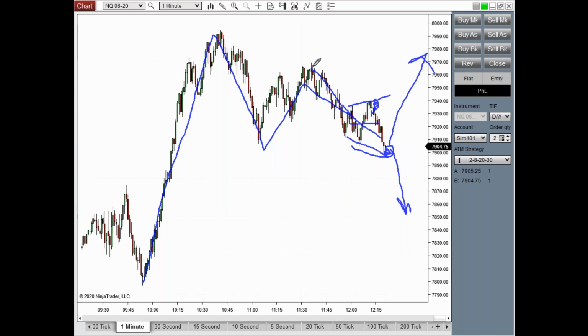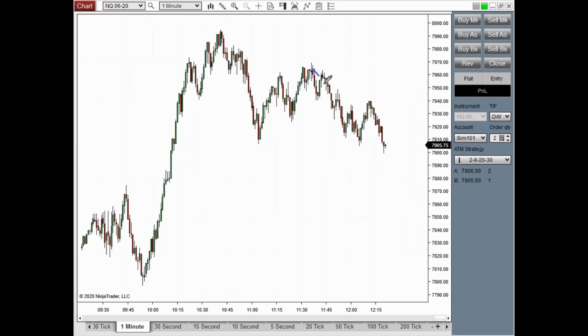What I like to see with the two-wave move is a nice two-wave pullback. Sometimes that two-wave pullback can even gain momentum on the second wave down and still hold and turn back around. That's fine. But when it goes into a megaphone, you're going to find that the odds are higher that it will break and it will keep going.